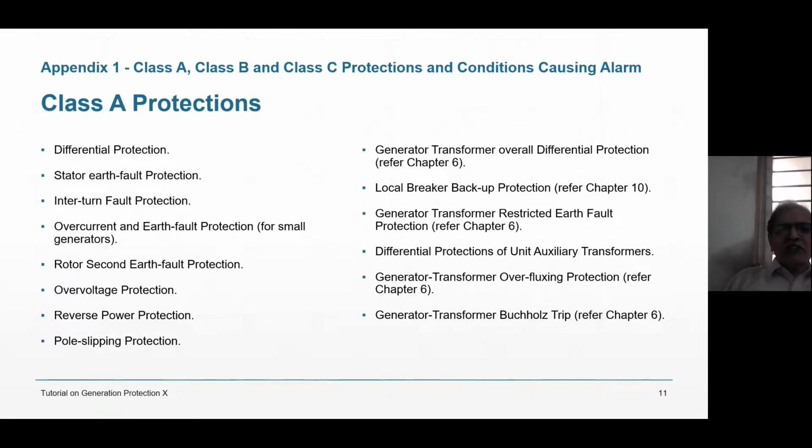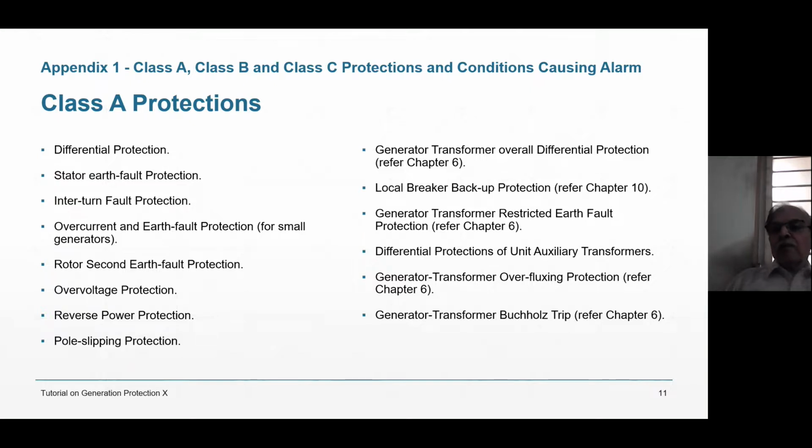So I am listing differential protection, stator earth fault protection, inter-turn protection, overcurrent and earth protection in case of small generators, rotor second earth fault protection, over voltage protection, reverse power protection, pole slipping protection, generator transformer overall differential protection. That we will see in transformer protection in the next classes.